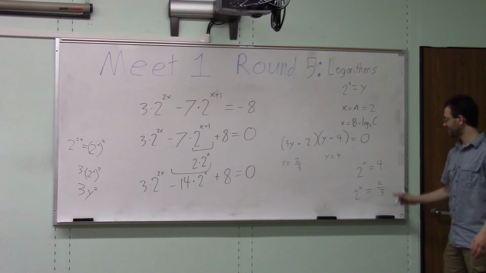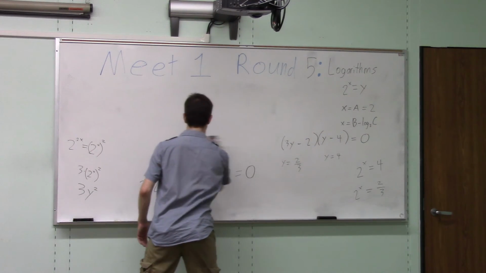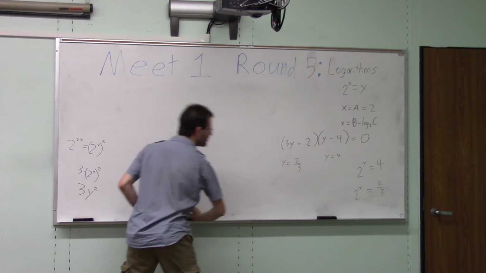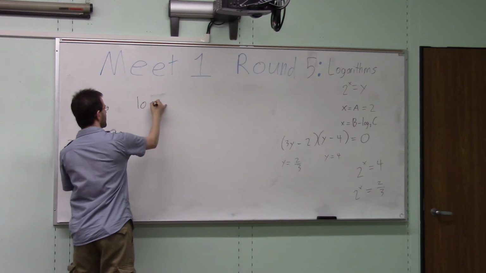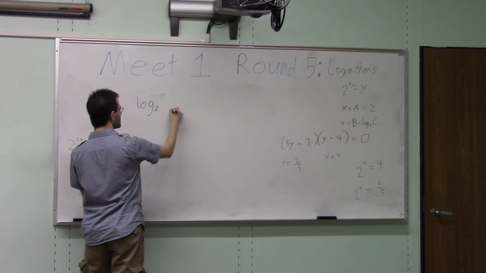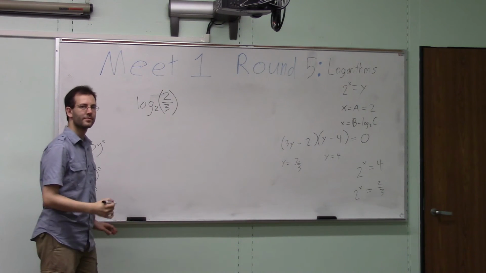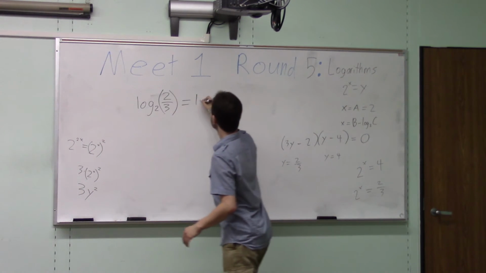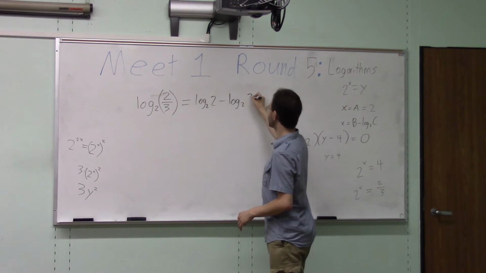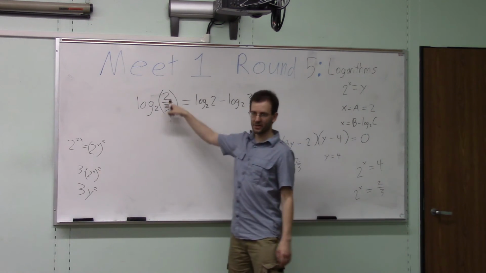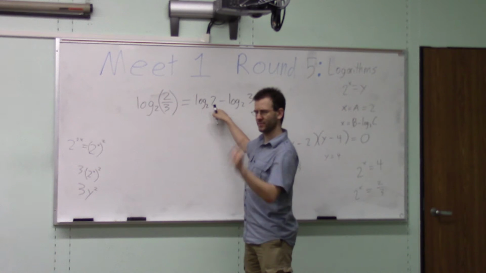We're looking for the number of 2's in 2/3. And that is the same as the number of 2's in 2 minus the number of 2's in 3. Because when you have division, you can split it up, and in subtraction, the opposite of rules of exponents. The number of 2's in 2 is 1.